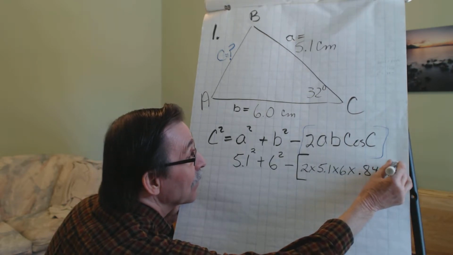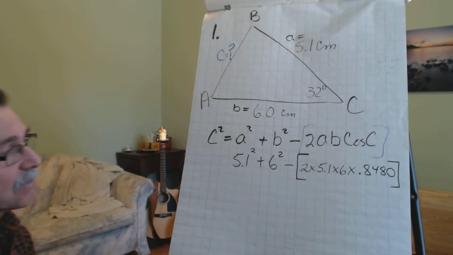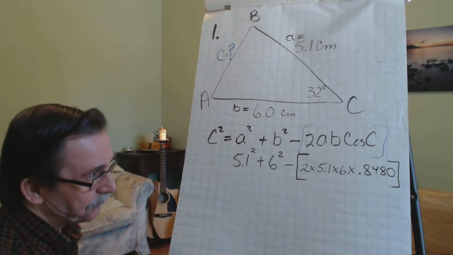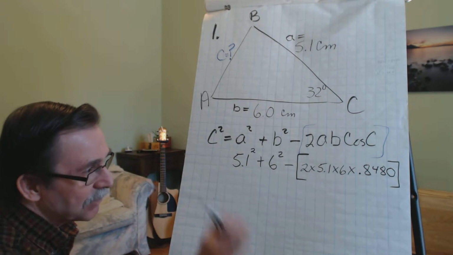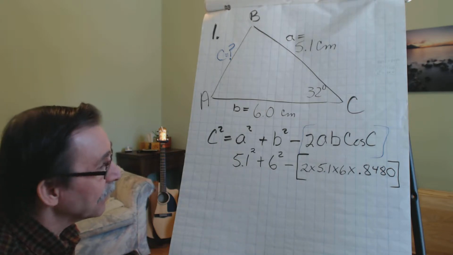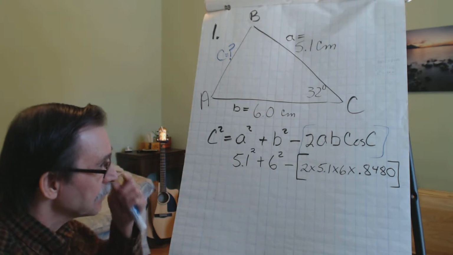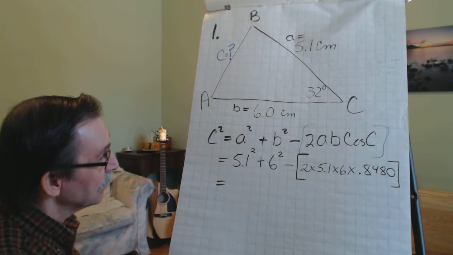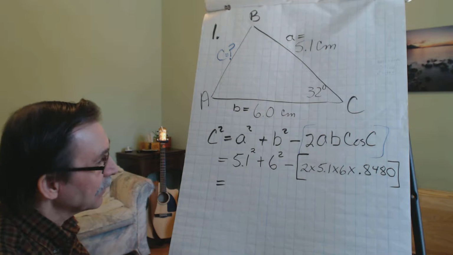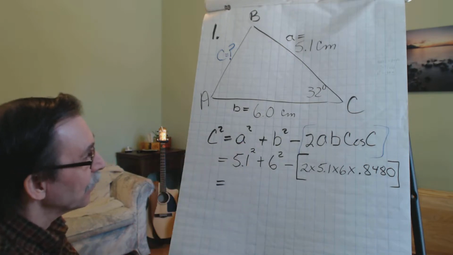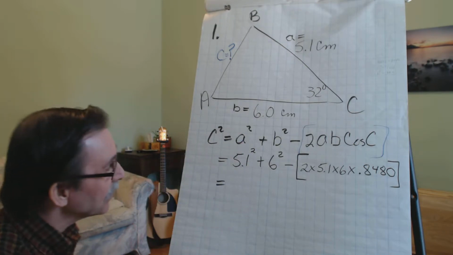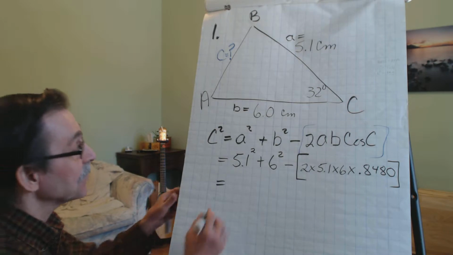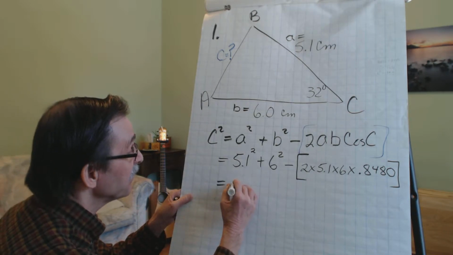We know that it goes on forever and fills up the screen, but I'm just going to write that down rounded to 4 decimal places. So we continue our evaluations here. 5.1 squared is about 25. In fact, it is 26.01.